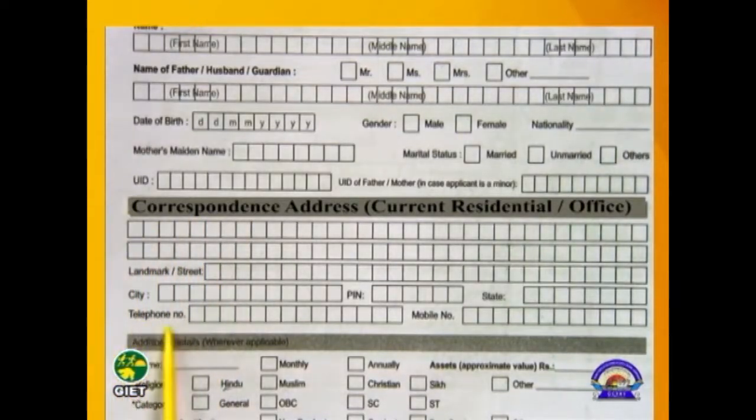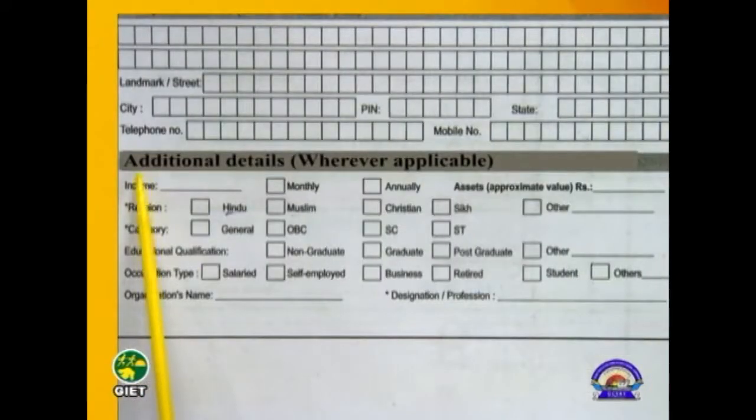This section is about your house address. It will also ask about your telephone number and also the mobile number. Children, the next section is about the additional details like your income, religion, education, occupation and many things.